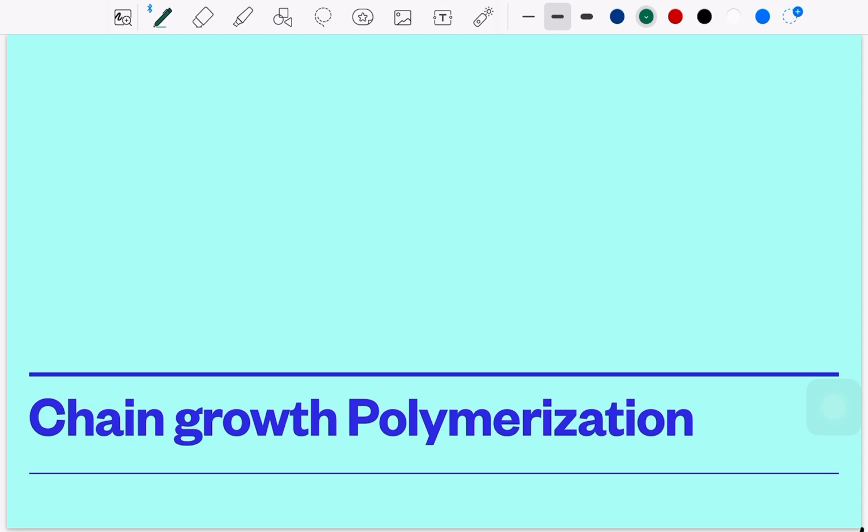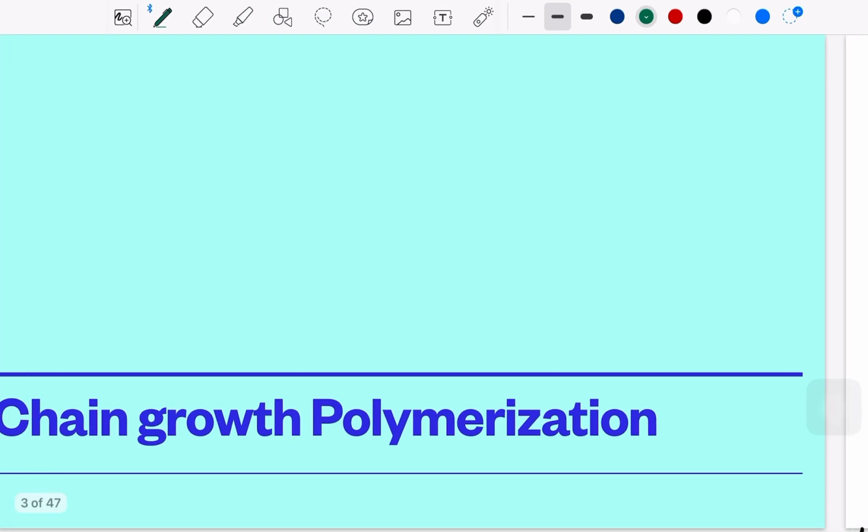If you look at step polymerizations, it's called step because we take all the steps, one by one, reactions, okay, and take it slowly. Sometimes we call step growth a stepwise polymerization. But in chain growth, the growth of the chain will be very fast compared to the step.